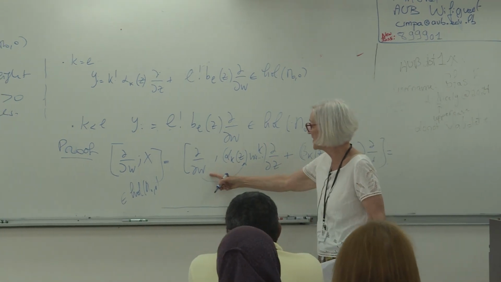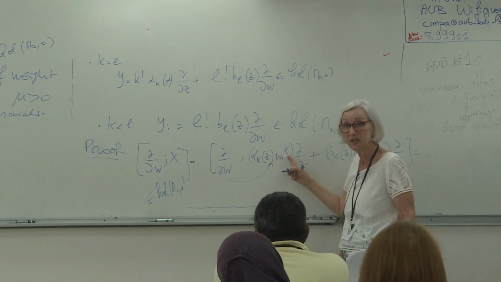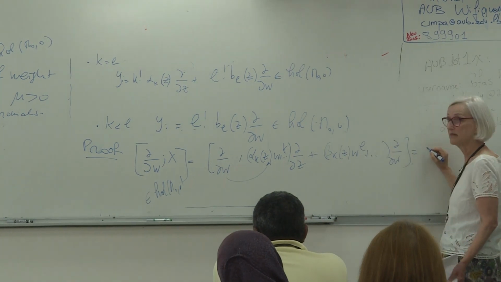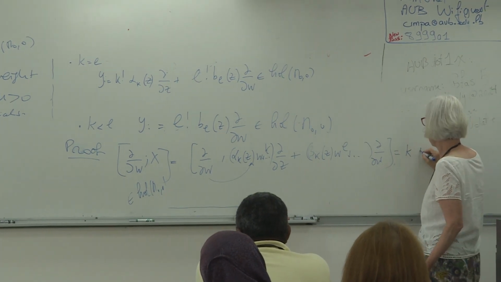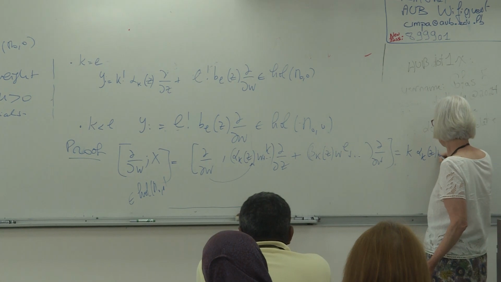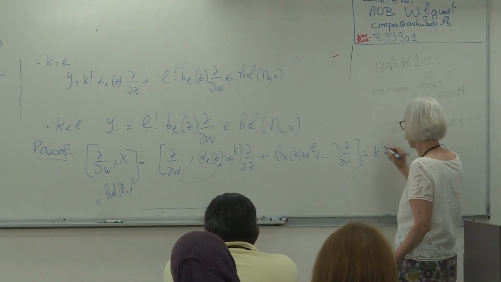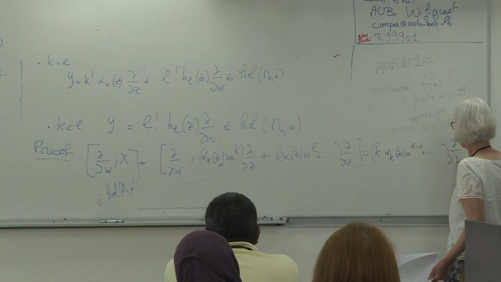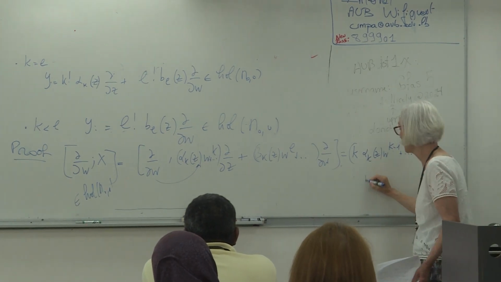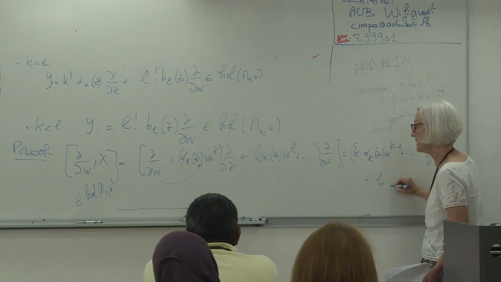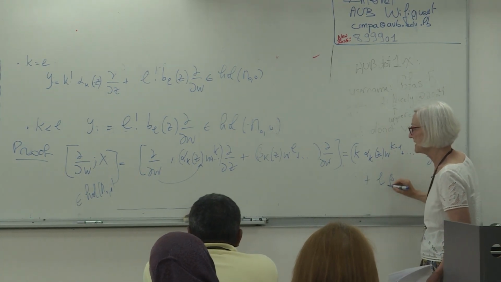It's like differentiation with respect to W. So I get k alpha_k z^k W^(k-1), plus blah, blah, blah, ∂/∂z, and the same for W, plus L beta L, right?